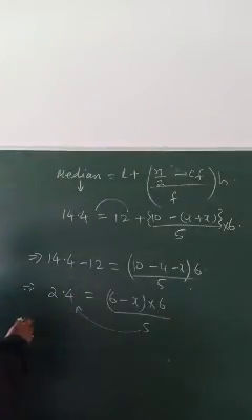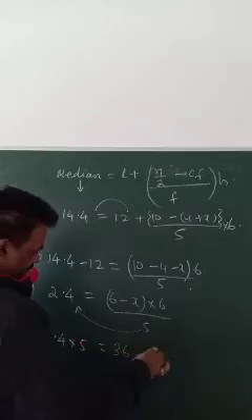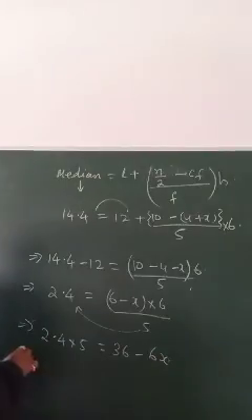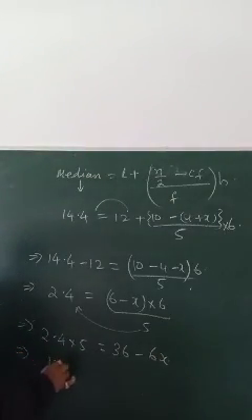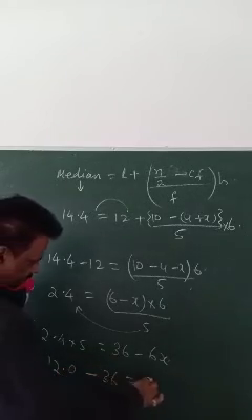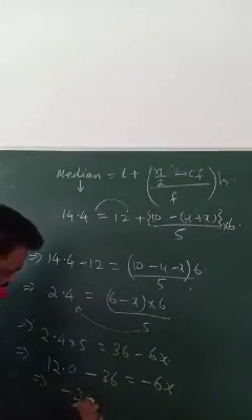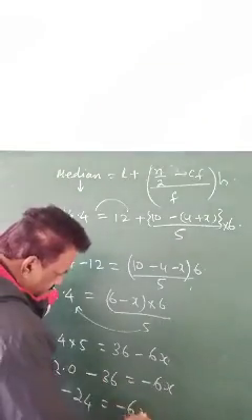Bring this number here. 2.4 into 5, 12.0 equals 36 minus 6x. Minus 24 equals minus 6x.